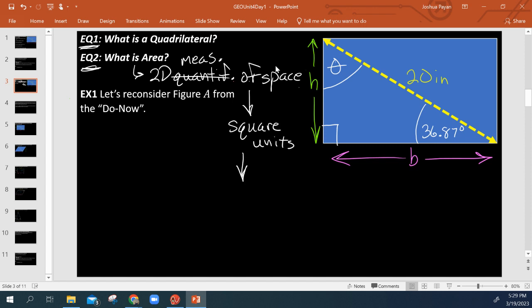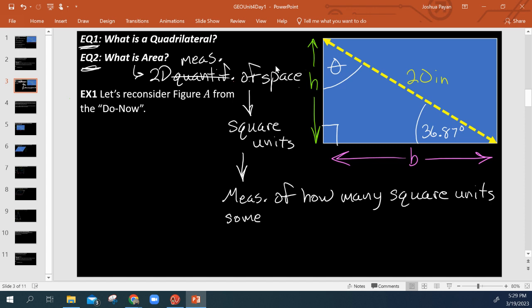Because if we get even more layman with the definition of area, if we were trying to tell a little kid about what area is, we would simply say it's the measure of how many squares, and we'll say square units, something's made of.